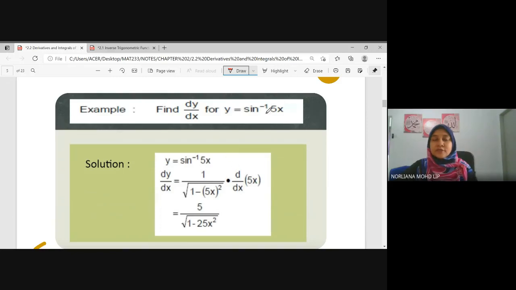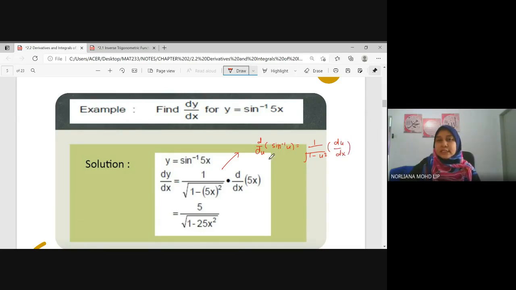We follow formula number 1. dy over dx equals 1 over square root 1 minus u square, multiplied with du over dx.